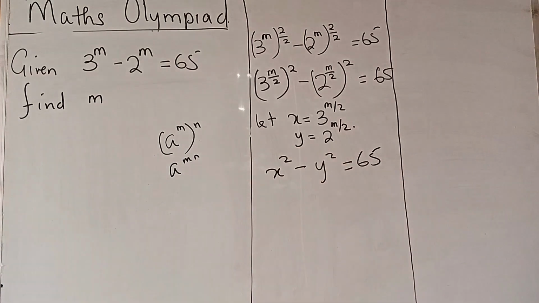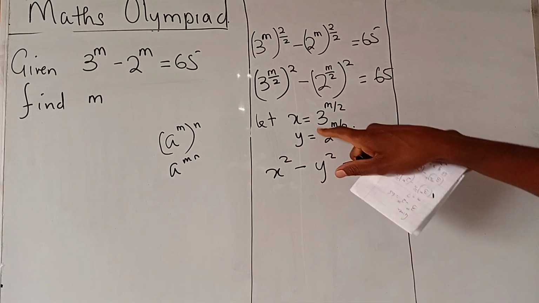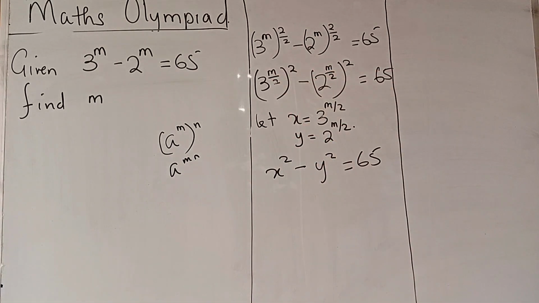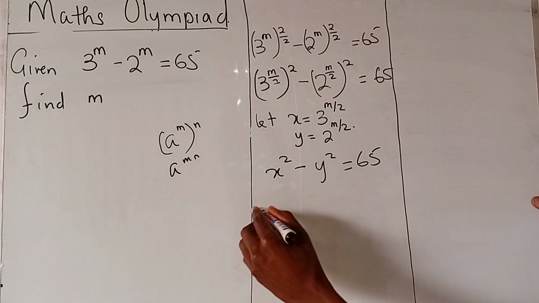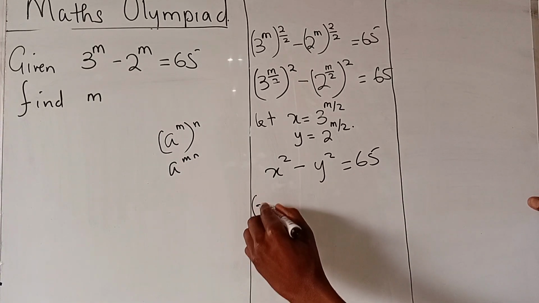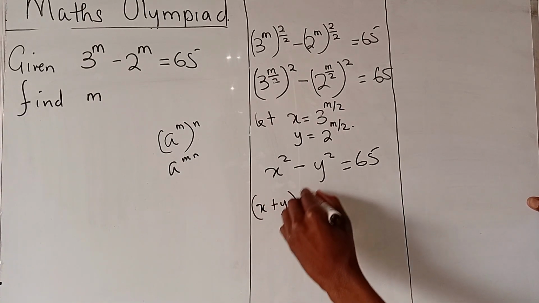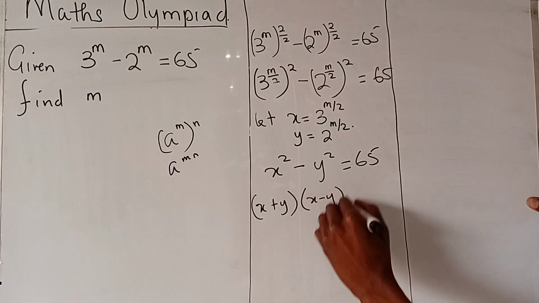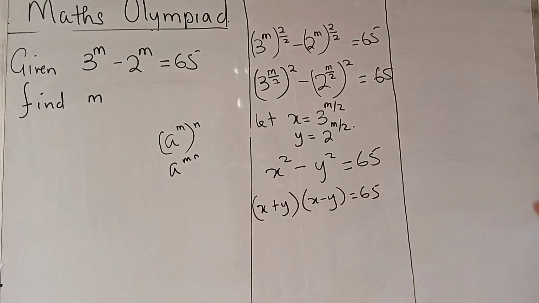Remember, I'm just replacing this with my letters here. So when we have something like this, this is a difference of two squares, in which if we are solving this, we just say x plus y, bracket x minus y, is equals to 65.